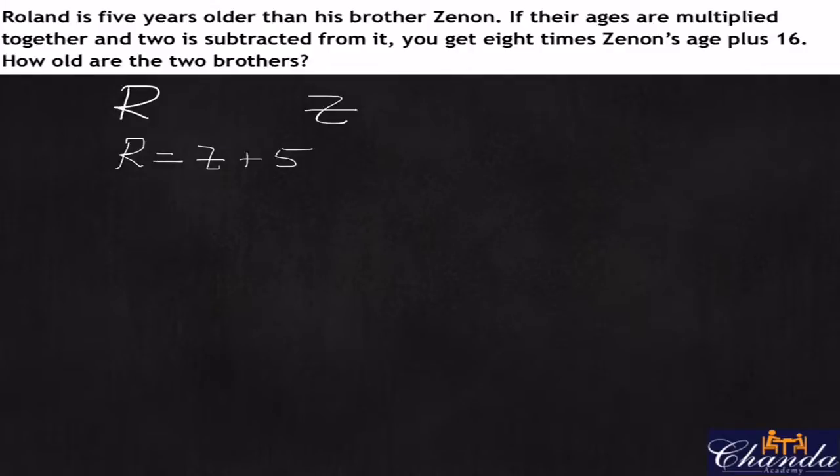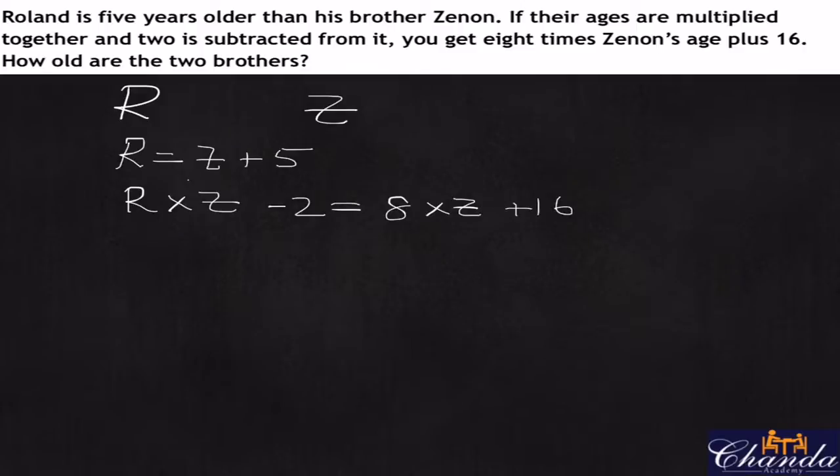Okay? Now if their ages are multiplied together and 2 is subtracted from it, so R times Z, and then you do minus 2, what they're saying is you get 8 times Zenon's age, so 8 times Z plus 16. So let's clean this up a bit.